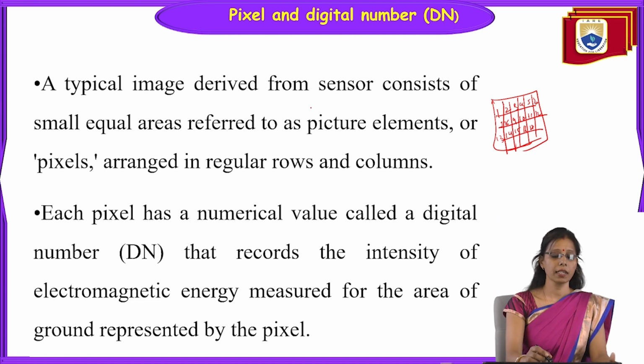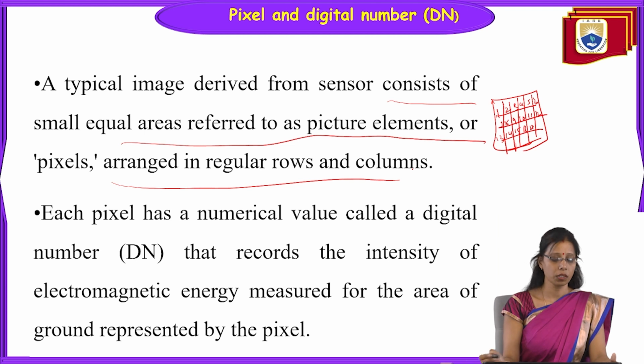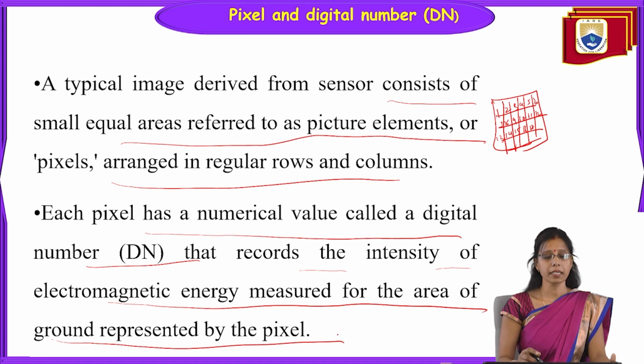A typical image derived from a sensor consists of small equal areas, referred to as picture elements or pixels, arranged in regular rows and columns. Each pixel has a numerical value called a digital number that records the intensity of electromagnetic energy measured for the ground area represented by the pixel.